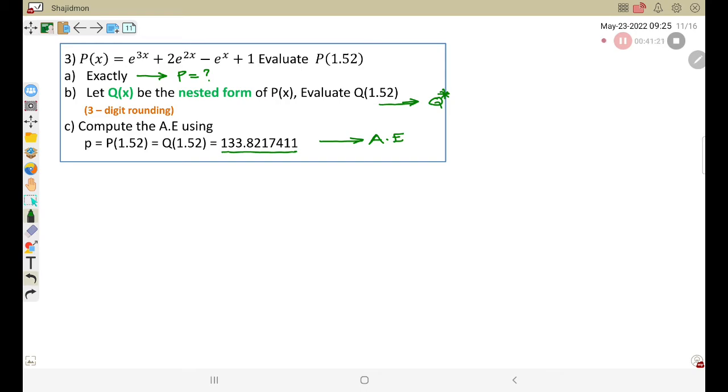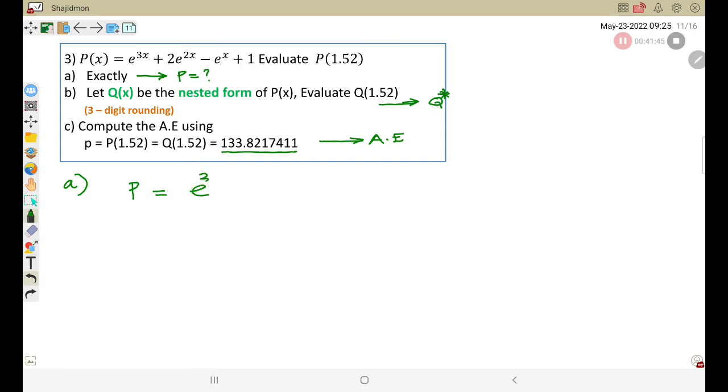Even in the first part it asks for the exact value, but you can check whether it is the same number or not from the calculator. So first the A part of the question, exact value. Exact value means P value. As I told you, enter that function in our calculator. E power, you know how to enter e? Shift ln, so e power will come.